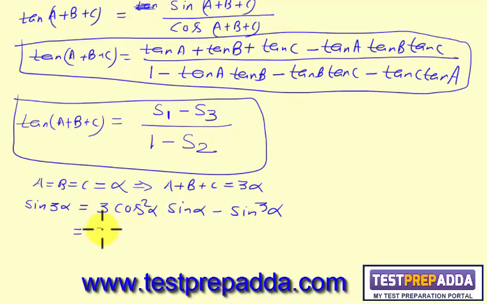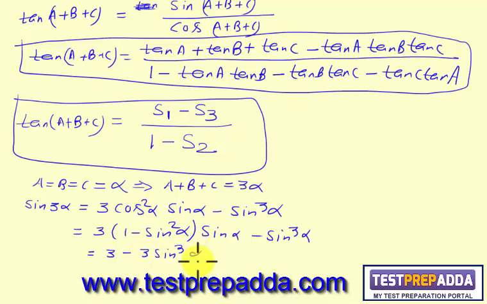If I substitute here, it becomes 3 into (1 minus sin square alpha) into sin alpha minus sin cube alpha. So at the end, it becomes 3 sin alpha minus 3 sin cube alpha, and sin cube alpha is already there.